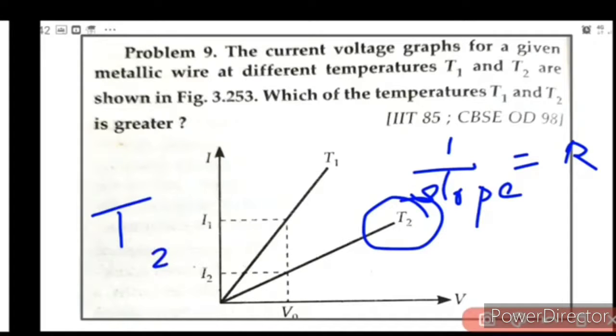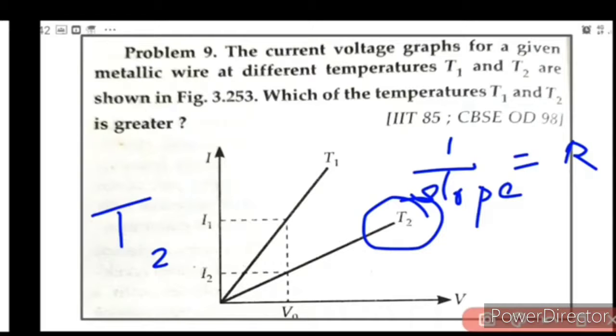We can do it in another way also. As temperature increases, resistance increases, so current will decrease. From the graph, at constant voltage, you can look at the current. The conductor that shows the lowest current will have the highest resistance. That is the logic.